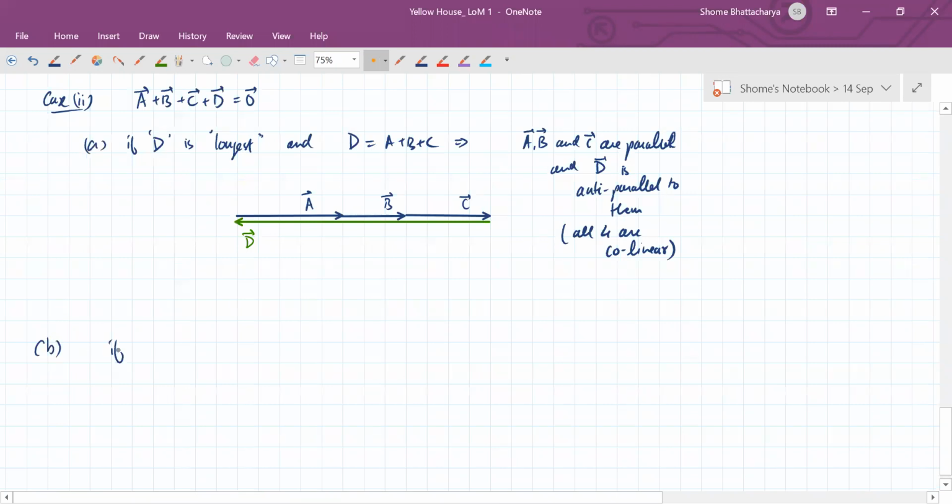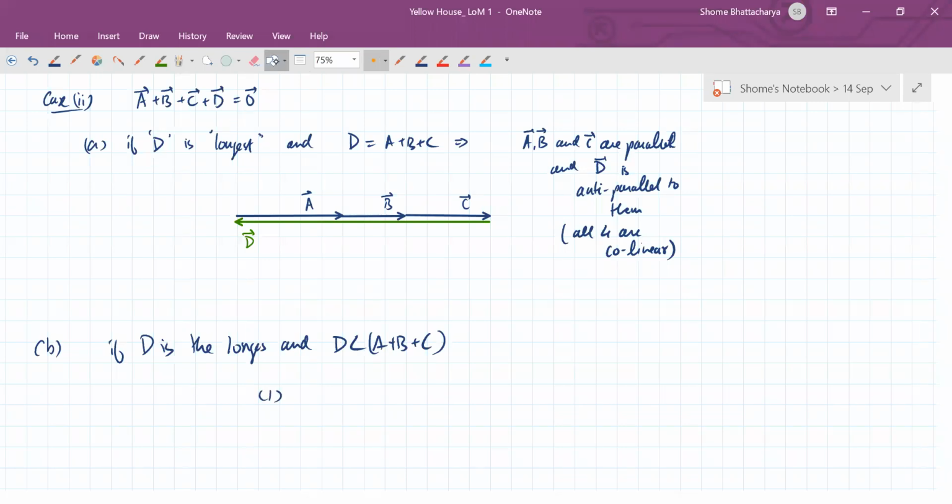If D is the longest and D is less than the sum of A, B and C. Now इसके भी देखो कितने केसेस बन सकते हैं. Okay. इसका पहला केस ऐसा हो सकता है that the vectors are like this. A is like this, let's say. B is like this, let's say.